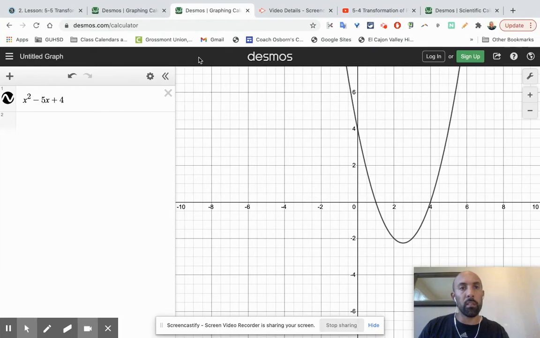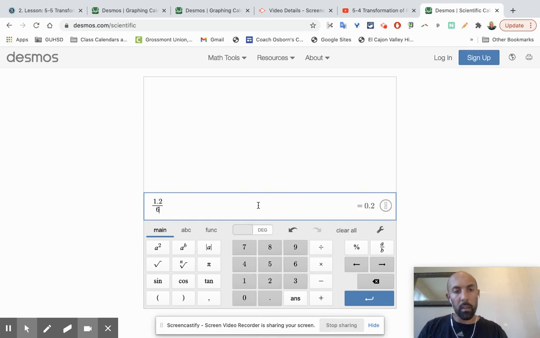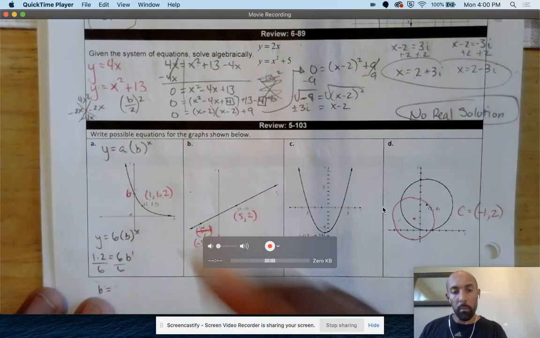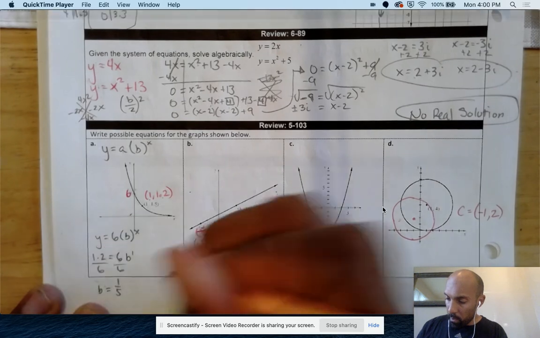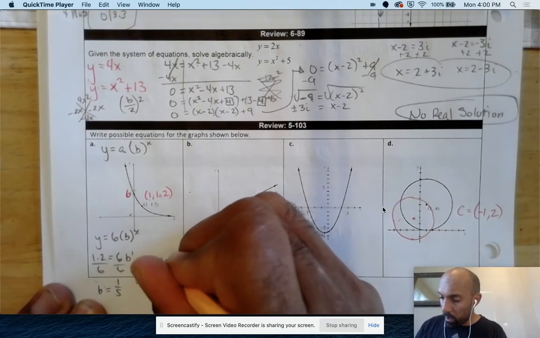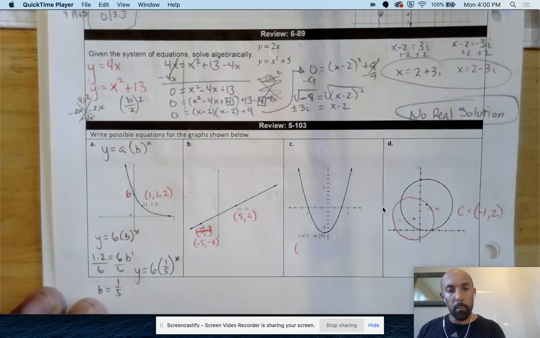So I'm going to use the Desmos calculator for that. So we're going to do 1.2 divided by 6. Now it gives me the decimal, but I'd like the fraction. So I'll click that button, it gives me 1/5. So that is the b value. So my b value is 1/5, which means my function is going to be 6 times the b value of 1/5 raised to the x. Okay?